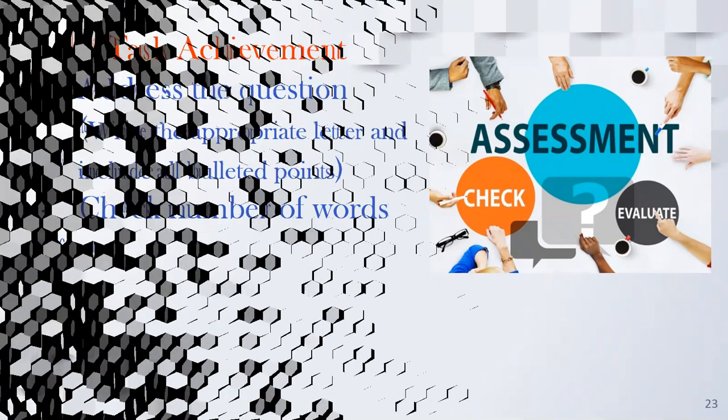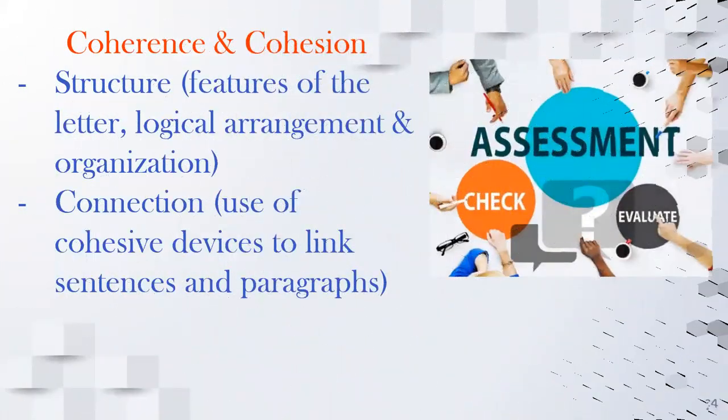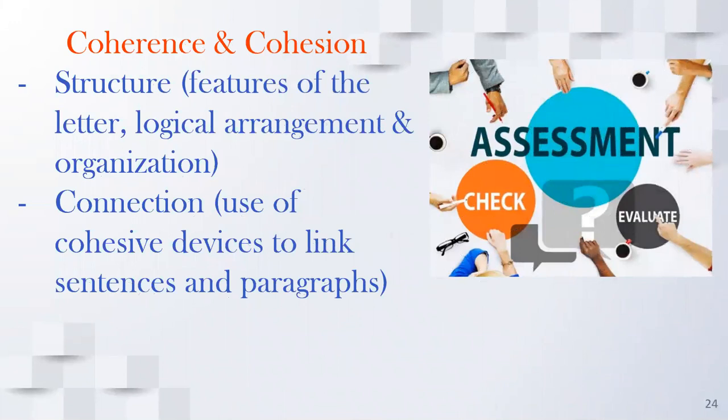The next is coherence and cohesion. Coherence looks at the structure. Remember, we talked about the features of the letter in the previous lesson. So you need to include all those features. You need to logically arrange your ideas to organize them very well.